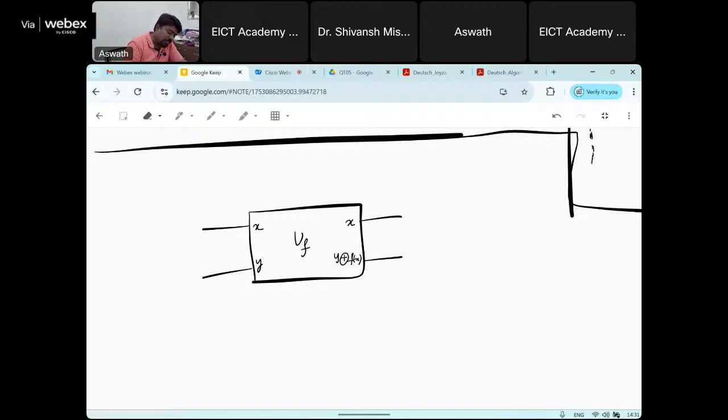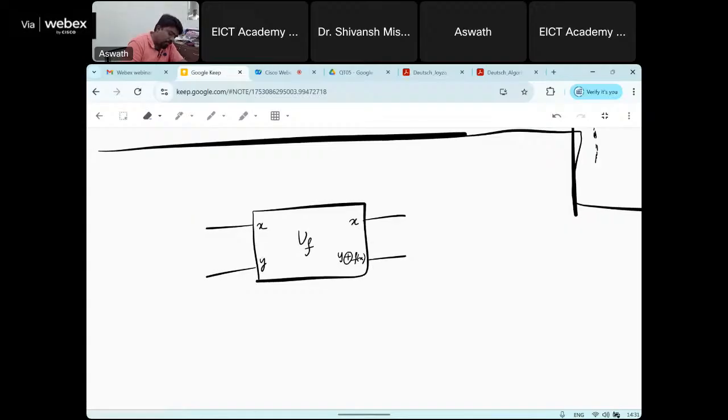Let's say there are so many inputs, but I have only one qubit. So how do I do it? I simply give it like this.